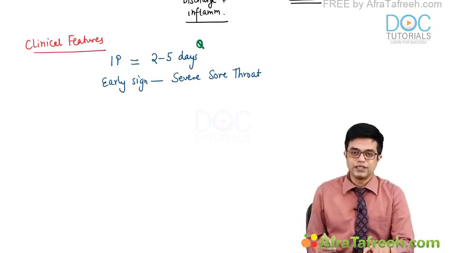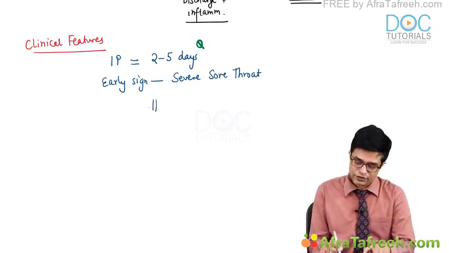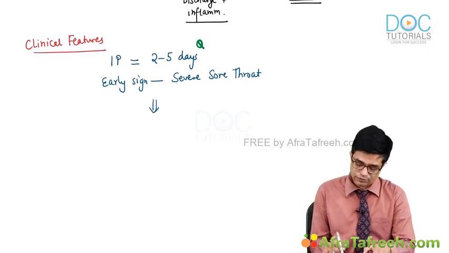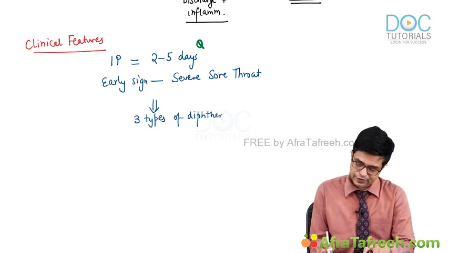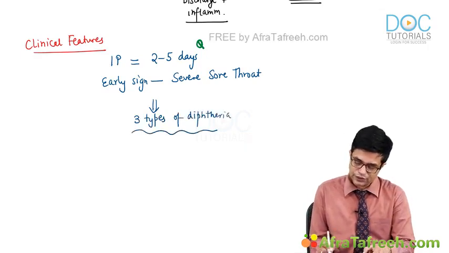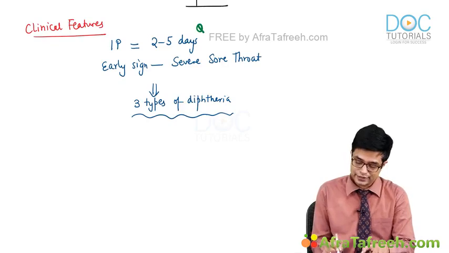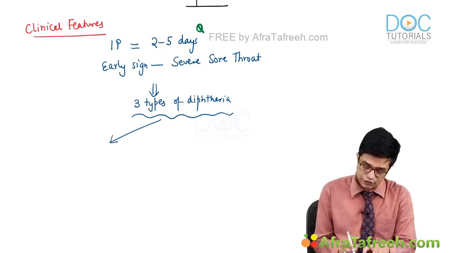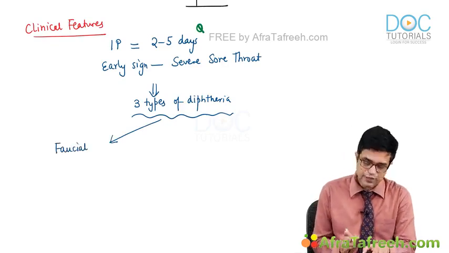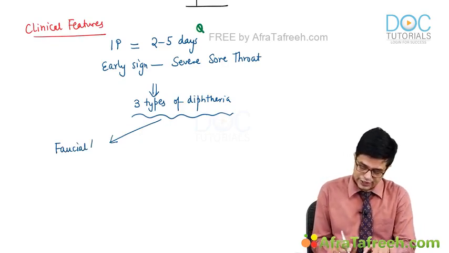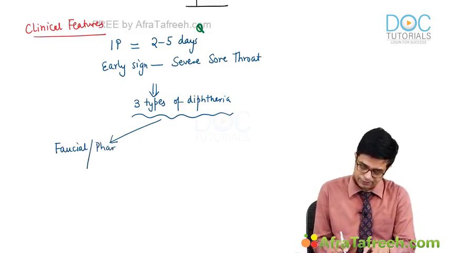Following sore throat, there are three types of infections which tend to develop. So, broadly speaking, there are three types of diphtheria which we encounter. The first common type of diphtheria that is seen in children is called faucial diphtheria. Faucial diphtheria is also called pharyngeal diphtheria.